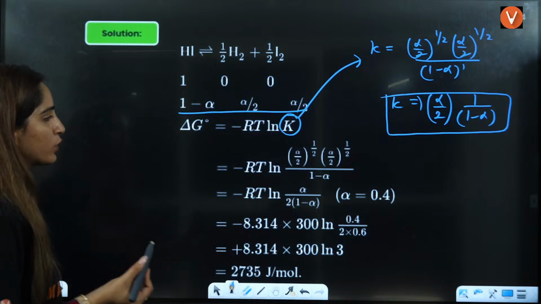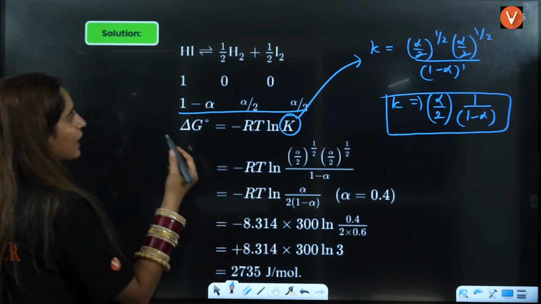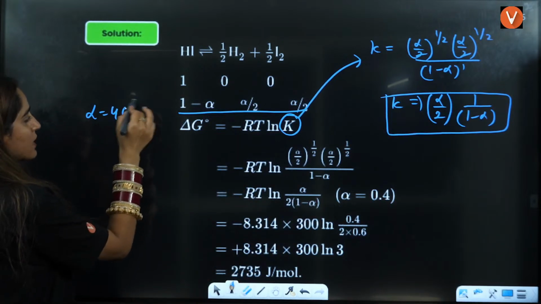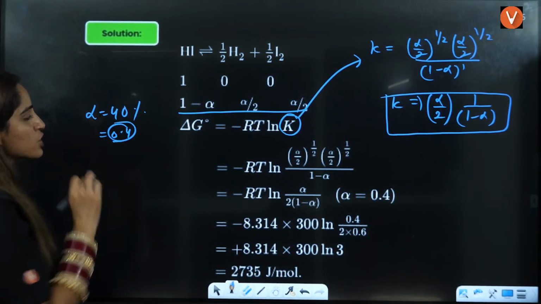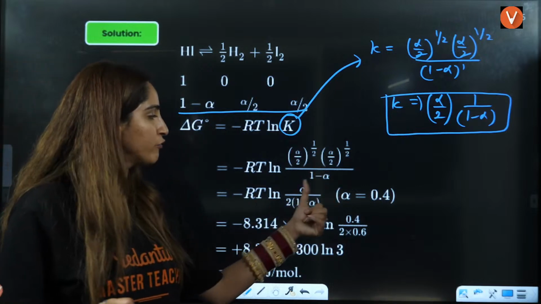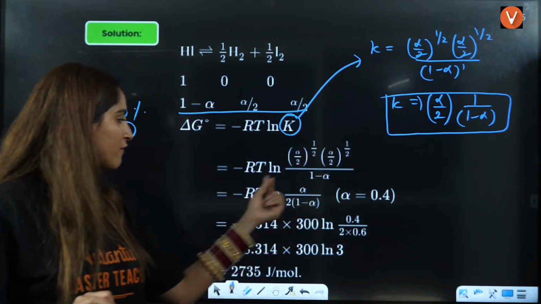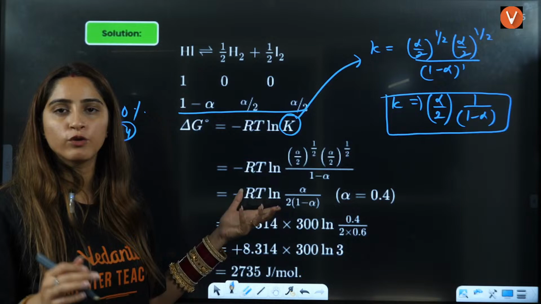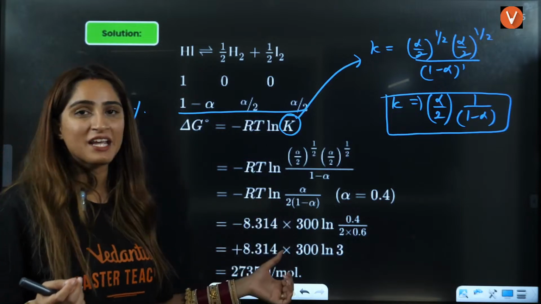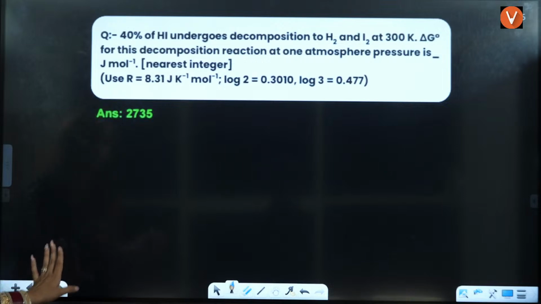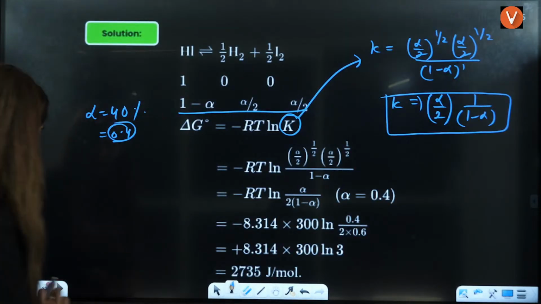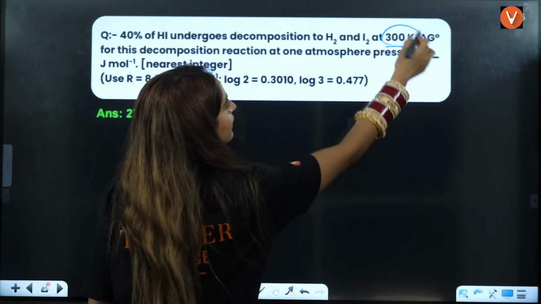So simply put the value of alpha here. Alpha is given to be 40%, that means it is 0.4. So put the value of alpha as 0.4 and calculate the K value. R we already know, 8.314. Temperature is given to be 300 Kelvin.